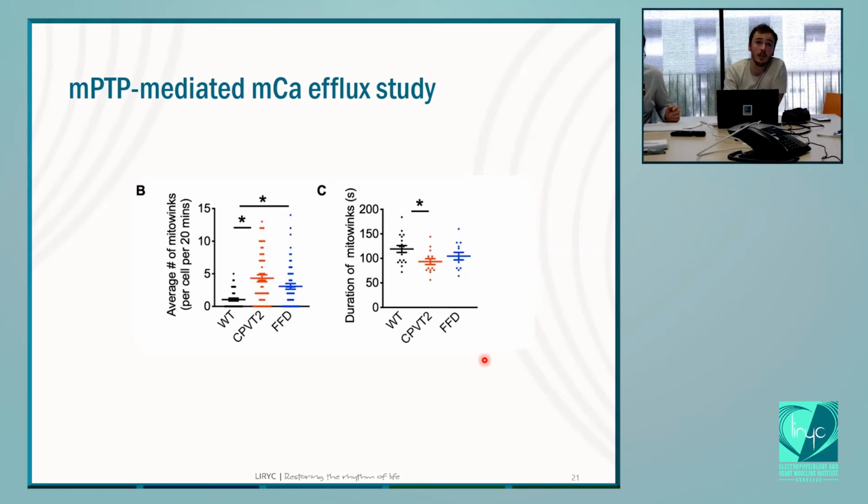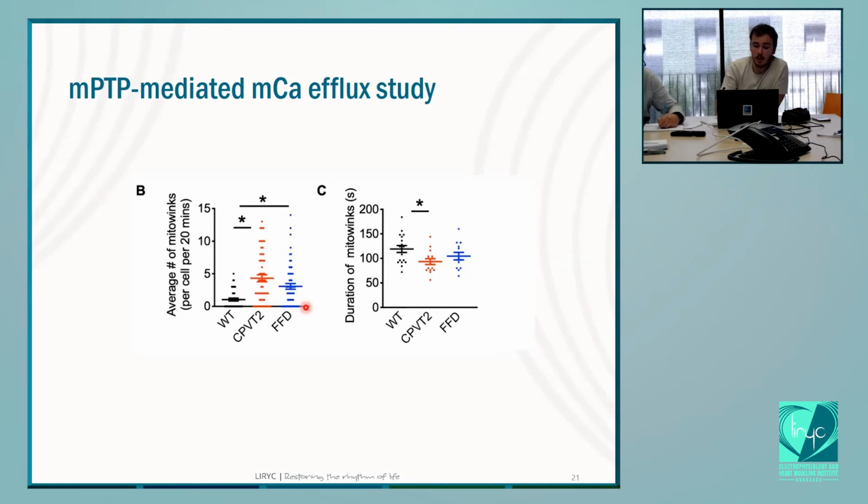And so what they are going to see is that in CPVT2 and in FFD, those mito-flashes are quite increased, and that the duration of the mito-flashes in CPVT2 is decreased.